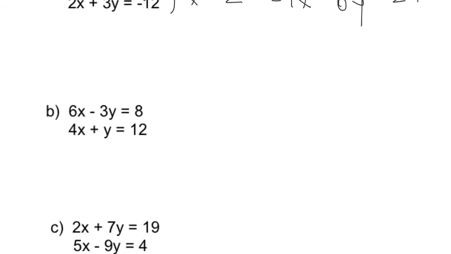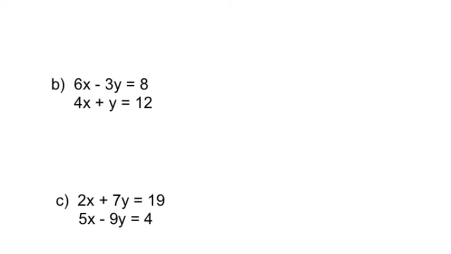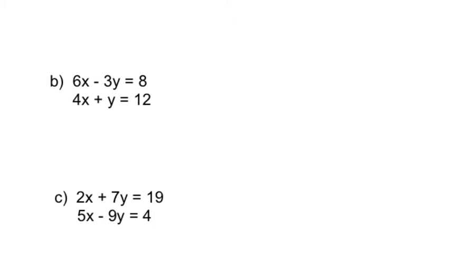Okay, let's try one more. If I look now at the second one, I see that if I multiply the second equation by 3, then the y's will have the same number in front. So I'm going to multiply this one by 3.